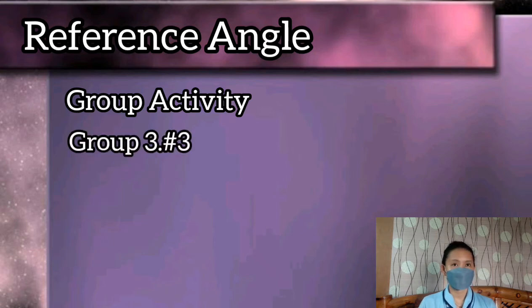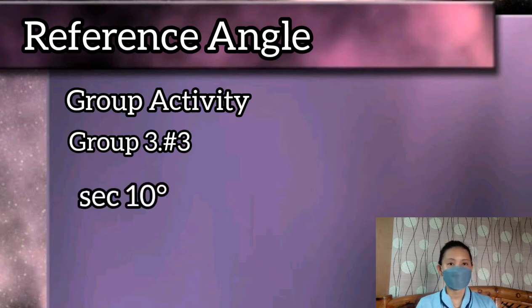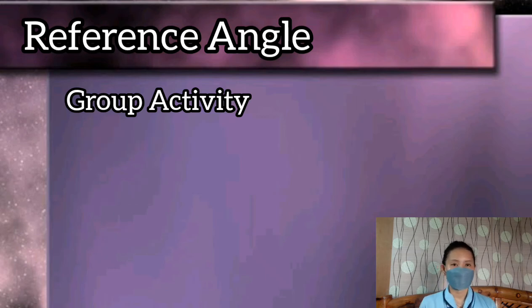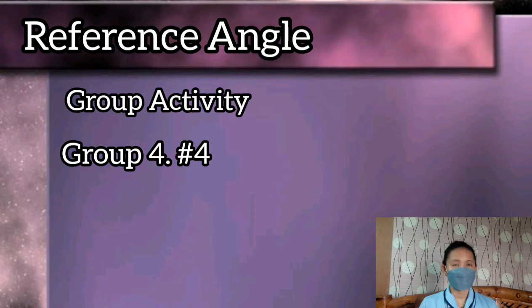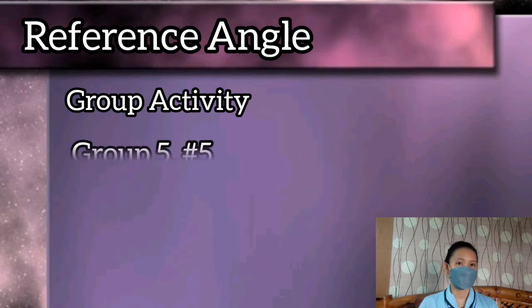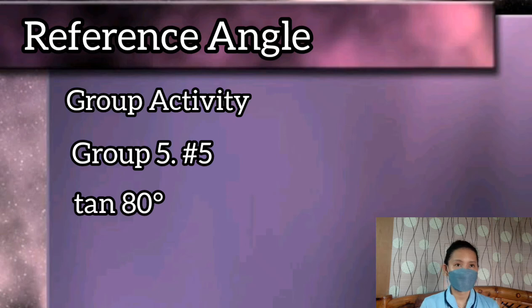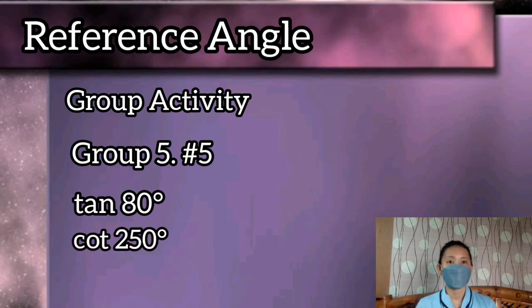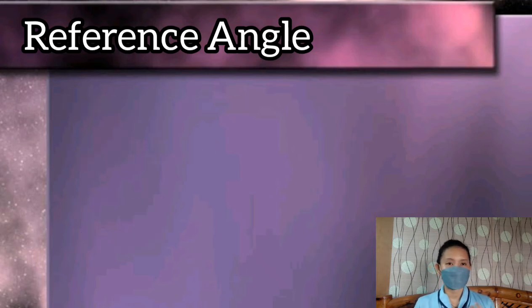For group 3, number 3, secant 10 degrees and tangent 150 degrees. For group 4, number 4, that is sine 300 degrees and cosecant 10 degrees. For group 5, number 5, that is tangent 80 degrees and cotangent 250 degrees. And once you're done, please show the reporter so that your output will be reported.